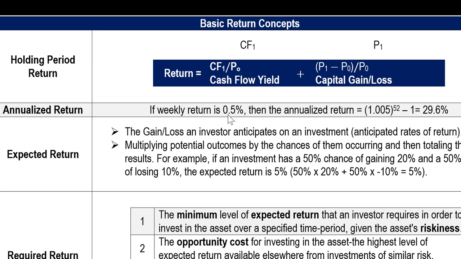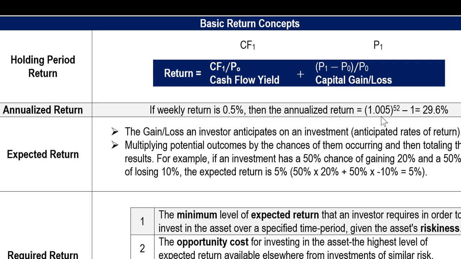Most of the time people will say, well, just use 0.5% times 52. Well, that is some approximation, but a more robust approach is the geometric approach, which means we're thinking about a compounding process. For example, a weekly return of 0.5%.